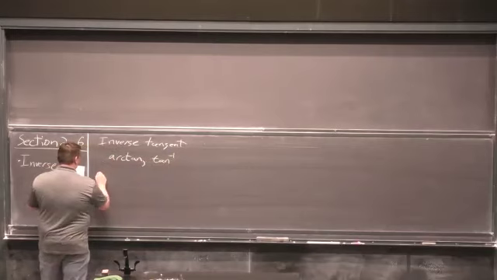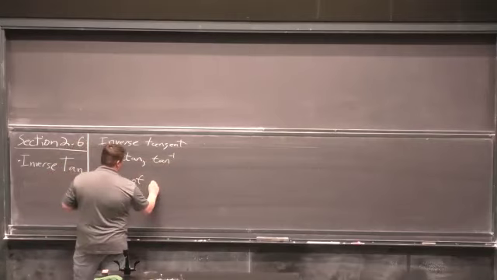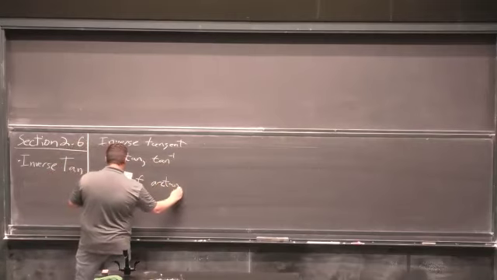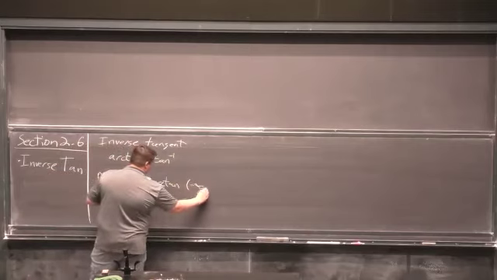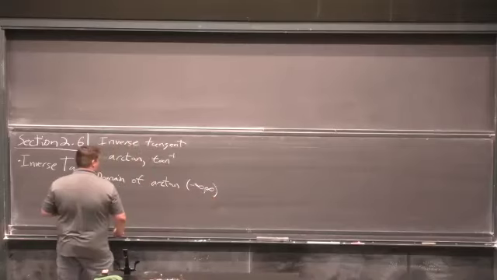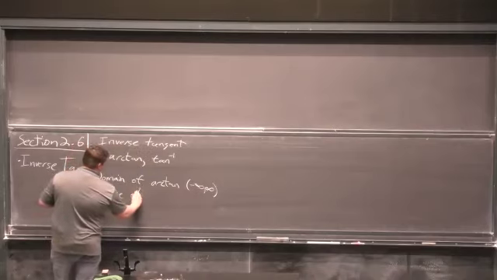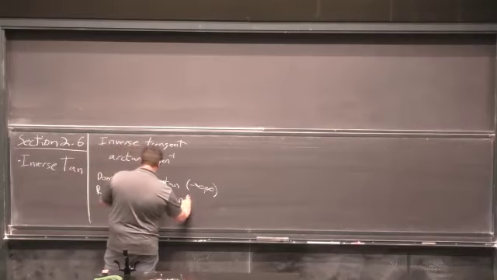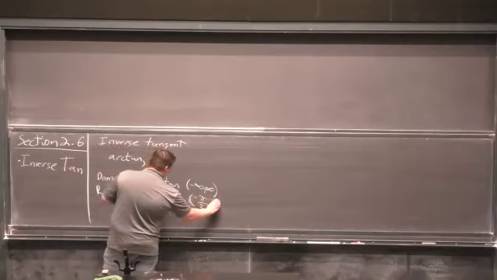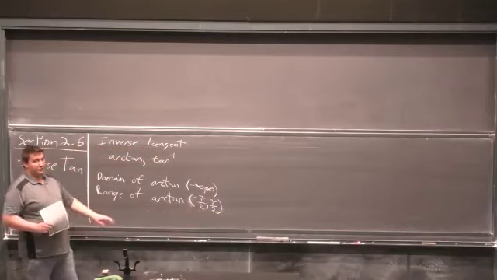And so the domain of arctangent is from negative infinity to infinity, and the range of arctangent is negative pi over 2 to pi over 2, exclusive of negative pi over 2 and pi over 2.